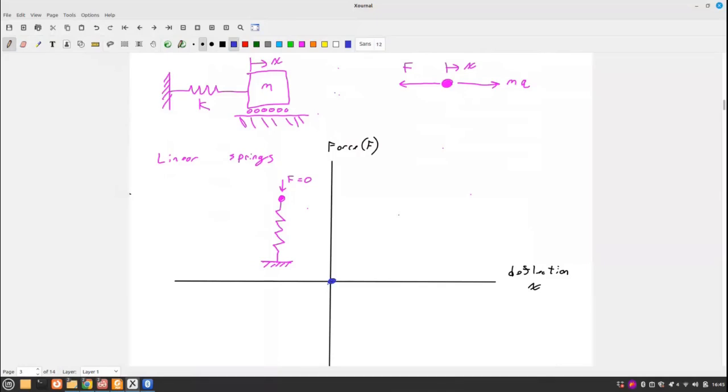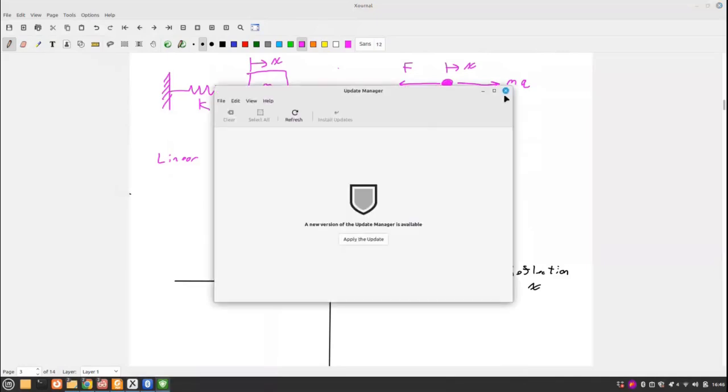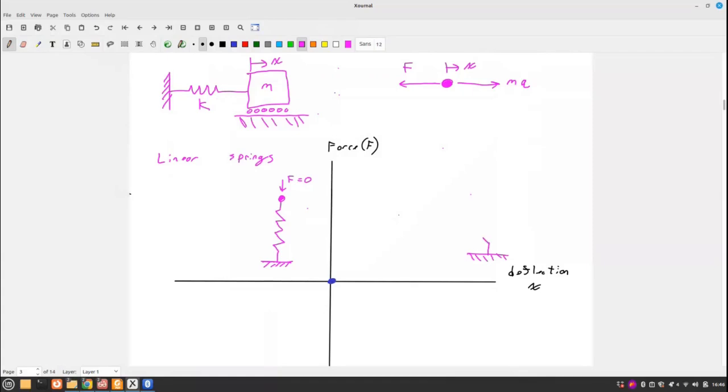Now, let's say I wanted to extend this spring some distance x. And so what I'm going to do is have a spring, and extend this some distance x.